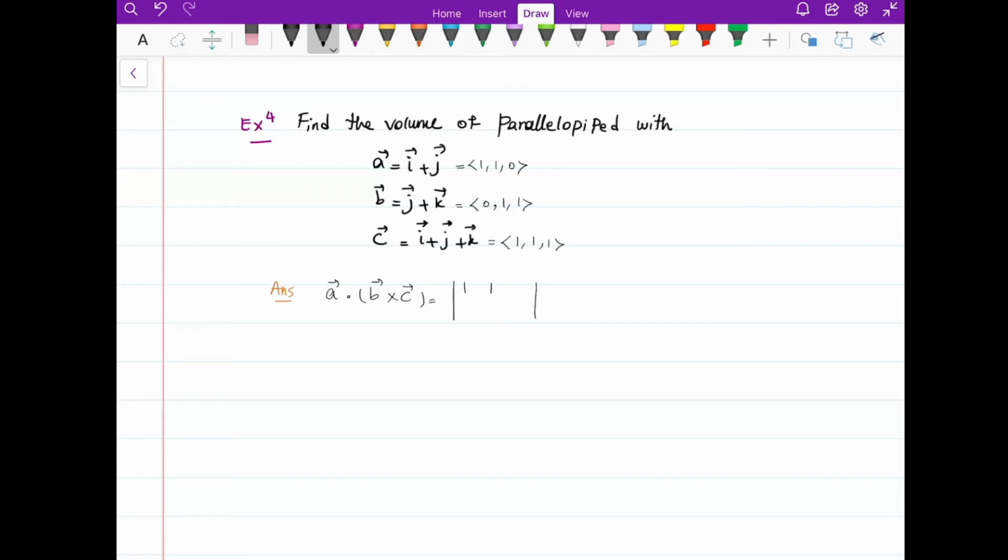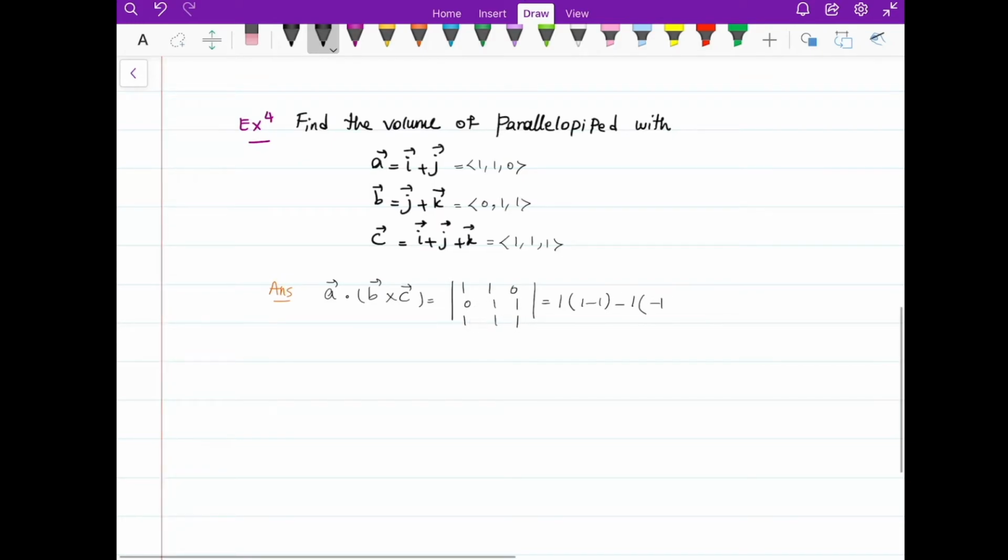So I put 1, 1, 0, 0, 1, 1, and then 1, 1, 1. We just need to calculate that. 1 times the determinant here, which would be 1 minus 1, minus 1 times 0 times 1 minus 1, plus 0 times the determinant here, which would be 0. So this is 0 as well. The answer is just 1. The volume of this parallelepiped is 1.